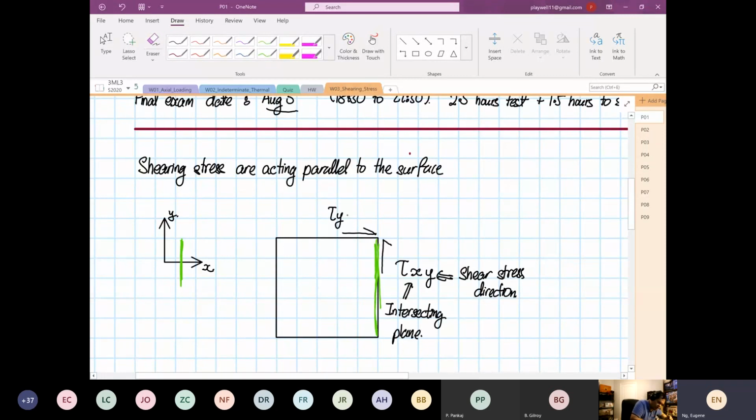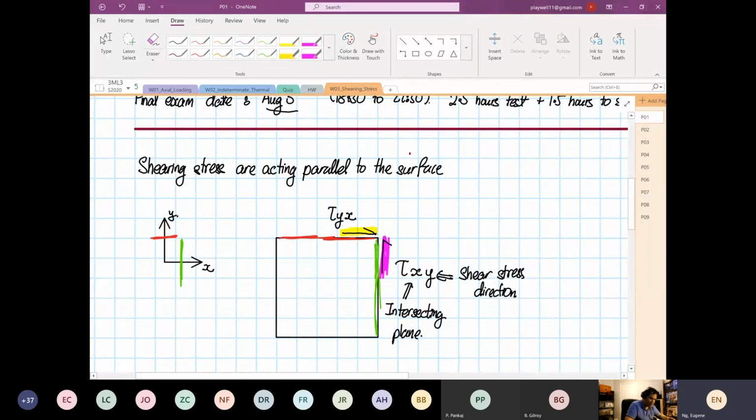X direction. This is the plane we are talking about in red. It intersects the y-axis, and the direction of the shear stress is in the x direction. The other one, the direction of the shear stress is in the y direction.